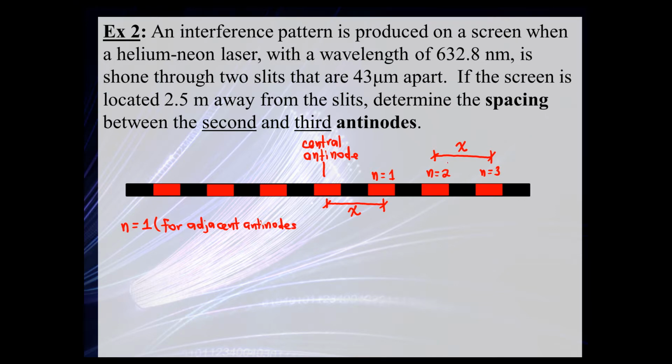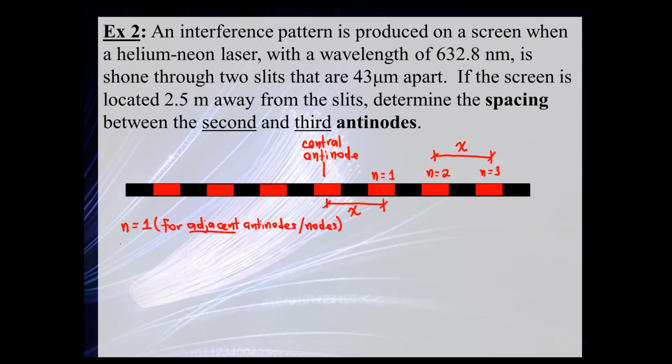So bright spots 2 and 3 are adjacent antinodes. They're beside each other, aside from the dark fringe in between them. Or for adjacent nodes, like if you went from the first dark fringe or the 7th dark fringe to the 8th dark fringe, it would also be a value of n equals 1. All right, what else have we got here? Yeah, let's highlight that word adjacent.